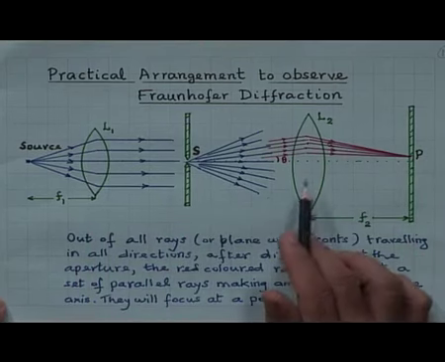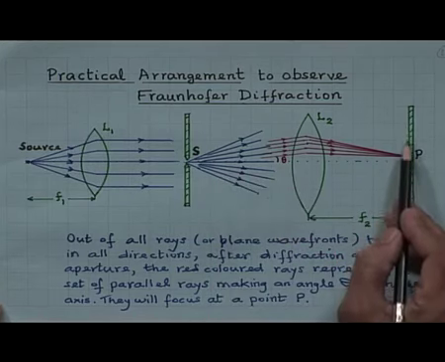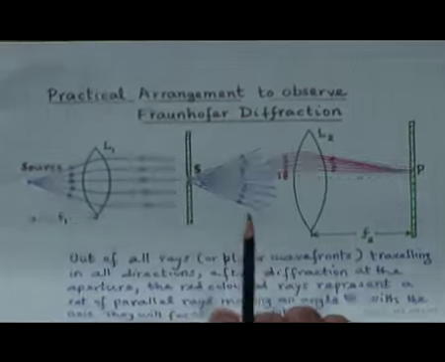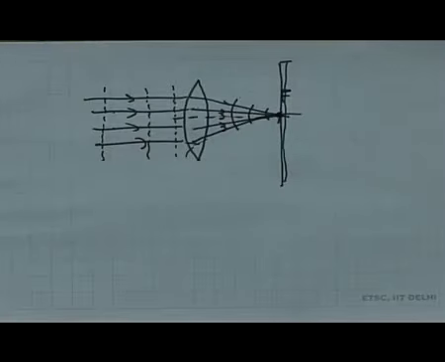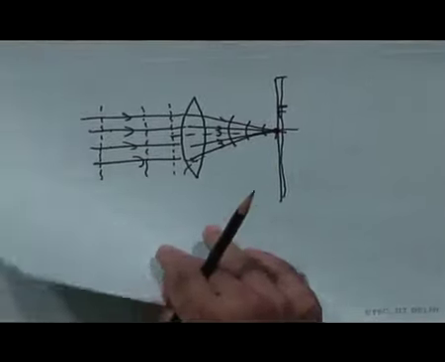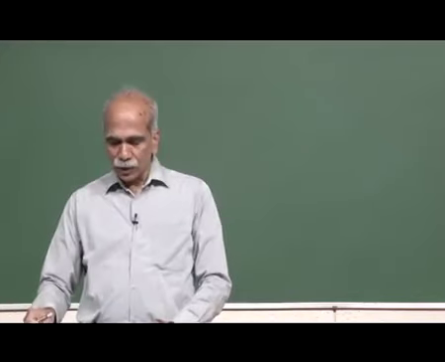That is the role of this second lens. So, the intensity distribution on this plane is proportional to I of theta, and the diffraction pattern is given by I of theta. Let us come back to the single slit diffraction intensity distribution.